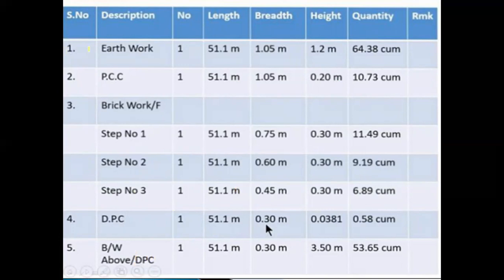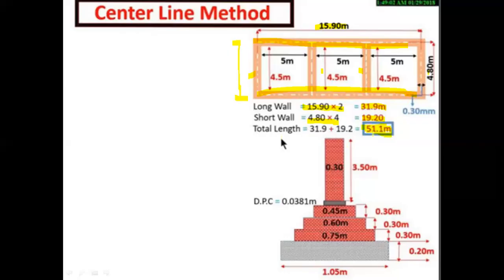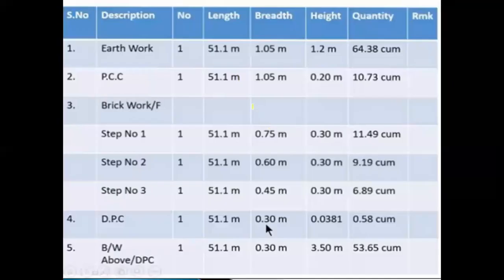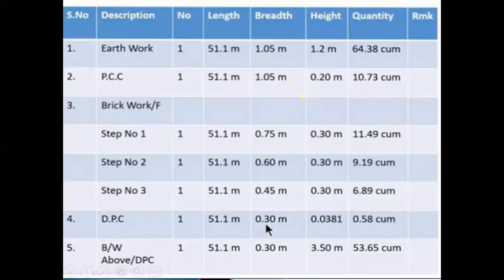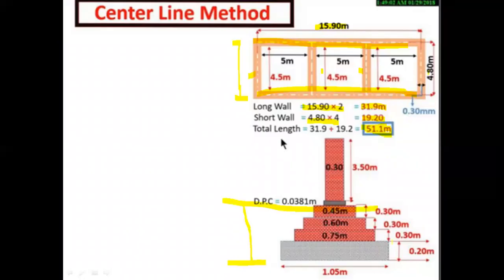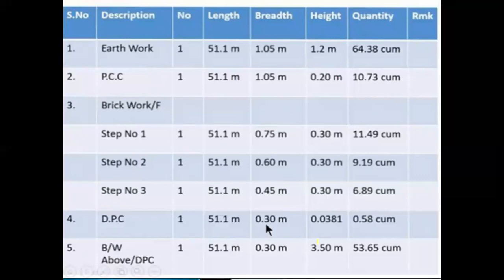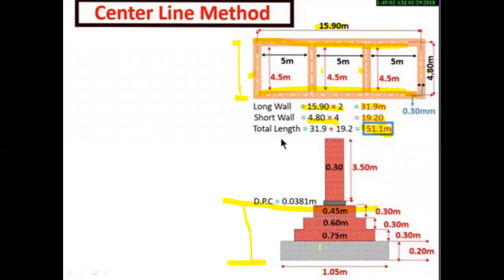So, serial number 1, earthwork. The length is 51.1 meters, and for the excavation from the ground level, the width is 1.05 meters and the height is 1.2 meters.